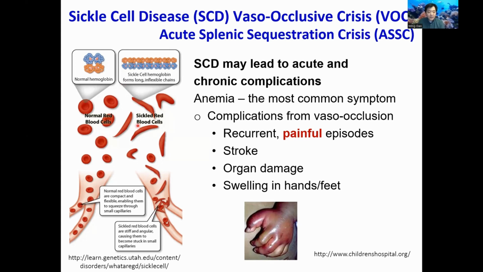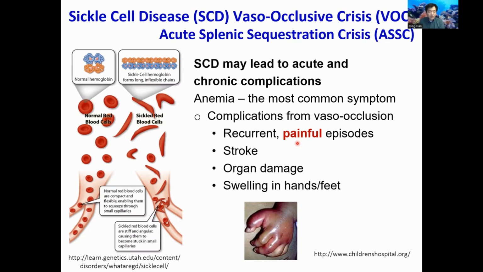However, there's still a lot of things unknown, including it's hard to predict vaso-occlusive crisis or acute splenic sequestration crisis, or ASSC. These crises are caused primarily due to the cell sickling.